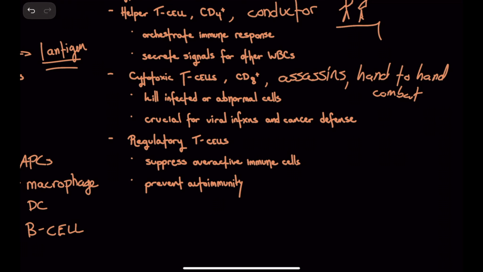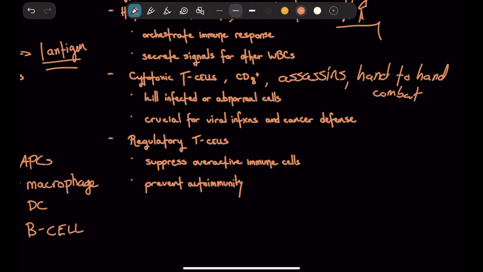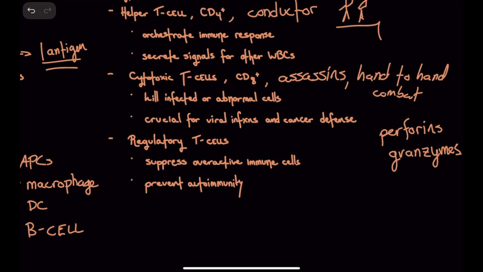They get rid of them directly, and they use the same kind of compounds that the NK cell does, those perforins and granzymes. I'll go ahead and write those down again. And they get rid of whatever has been infected. These are really, really good. Just like the NK cells, they're crucial for viral infection and cancer defense.